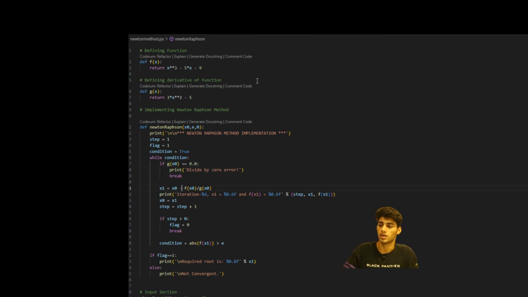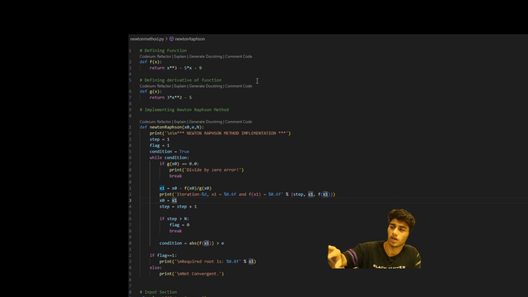Now this is our formula: x1 equals x naught minus f of x naught upon derivative of f of x naught. Now we're printing here that this is step 1, iteration at x1 is equal to our value x1, and f of x1 is our f of x1 value.